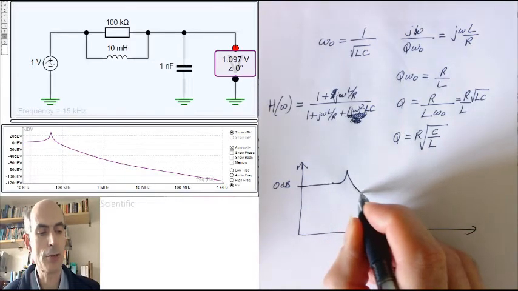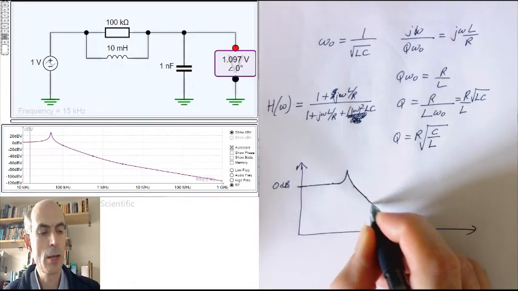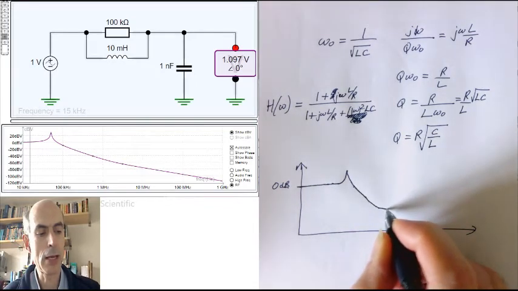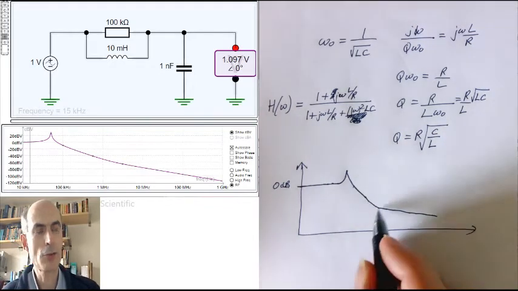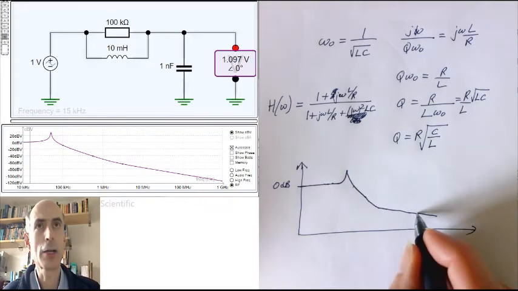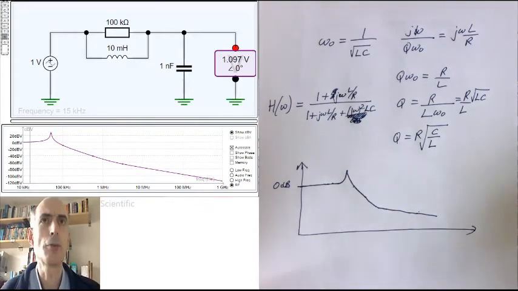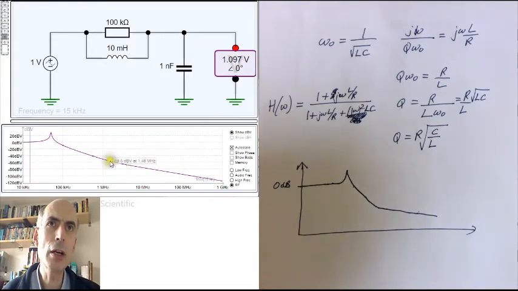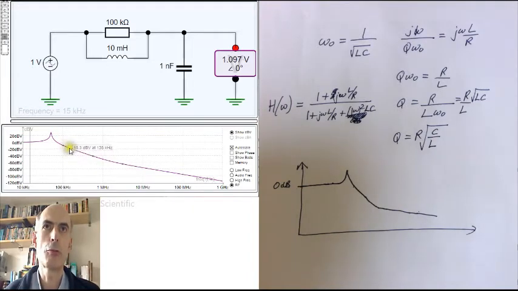And it starts to head down at 40 dB per decade, but then the zero comes into play and it kind of flattens a little bit and ends up going down at 20 dB per decade. And you can see the kind of bend just about there in the Bode plot, where the zero cuts in, and it reduces the slope from 40 dB per decade around here to about 20 dB per decade at very high frequencies over there.